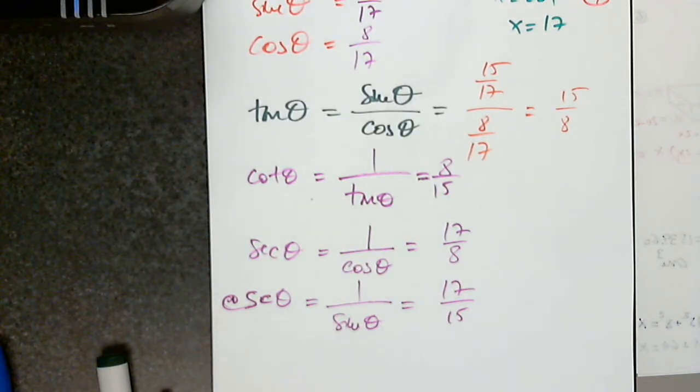If I have sine and cosine, it takes me a blink to find the other 4. But I have to remember: tangent is sine over cosine, cotangent is 1 over tangent, secant is 1 over cosine, and cosecant is 1 over sine. So bottom line, when I have sine and cosine, the rest will follow. Boom.